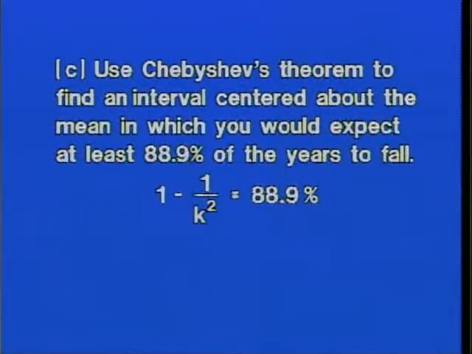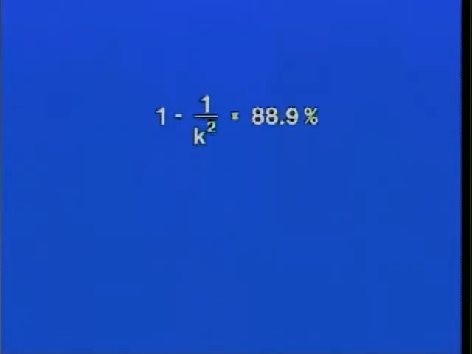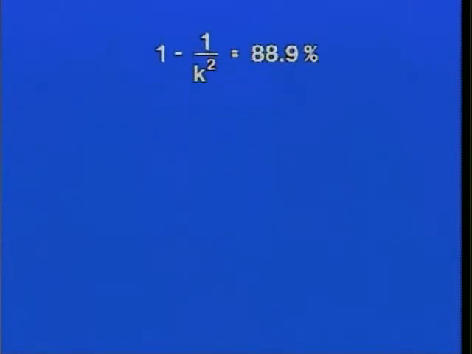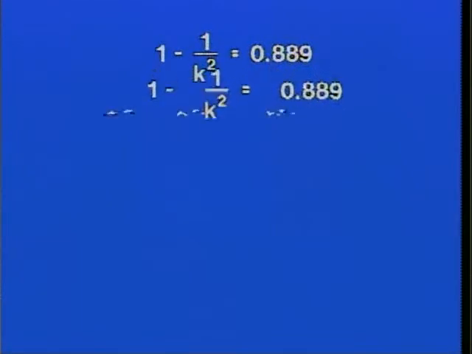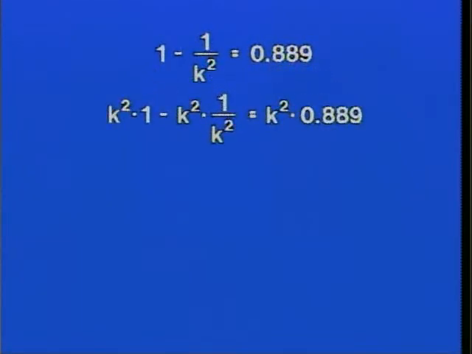What we're solving for as k is the number of standard deviations from the mean that will contain 88.9% of the data. Well, the first thing we'll want to do is change 88.9% into a decimal, and then we'll multiply through by k squared. Multiply every term by k squared to clear that k squared denominator.